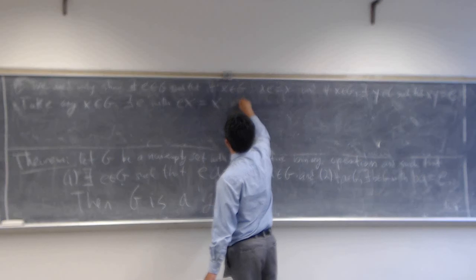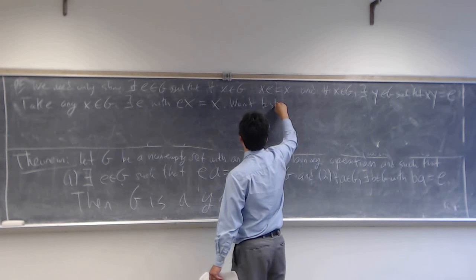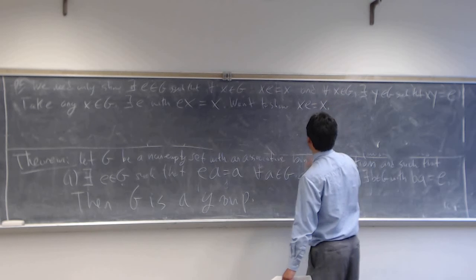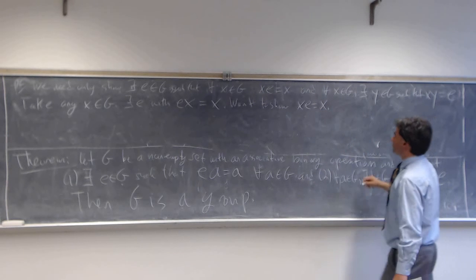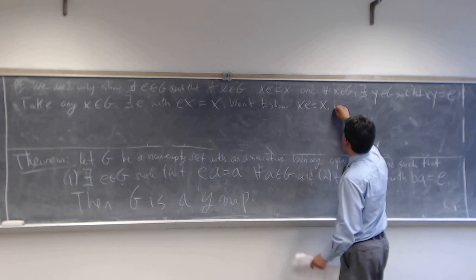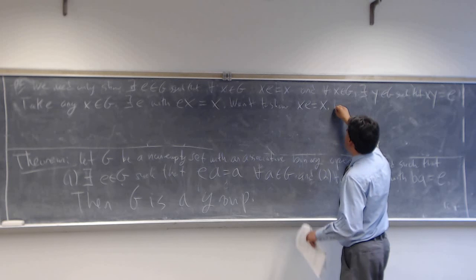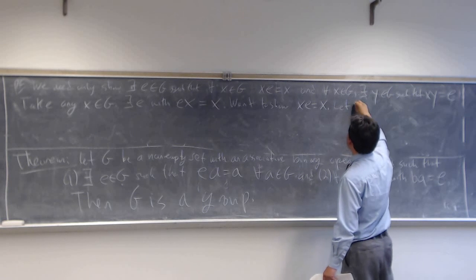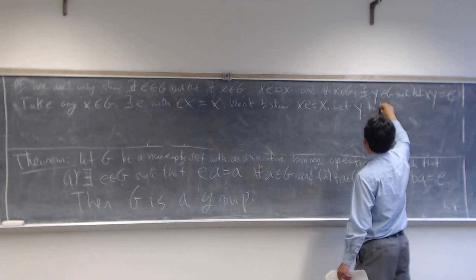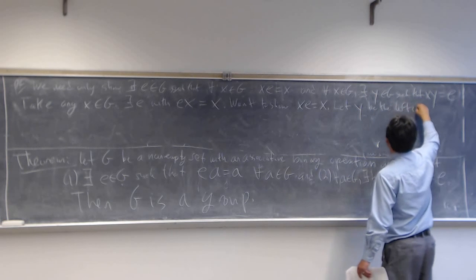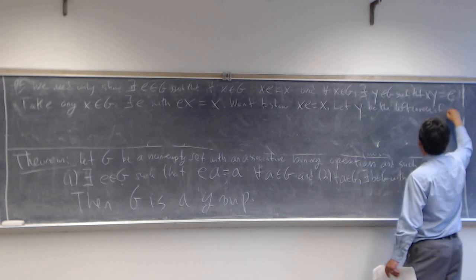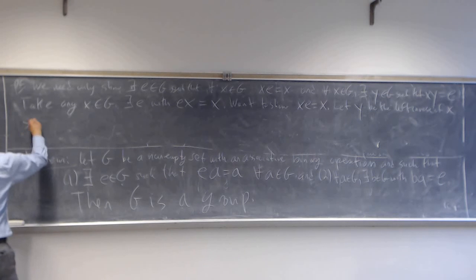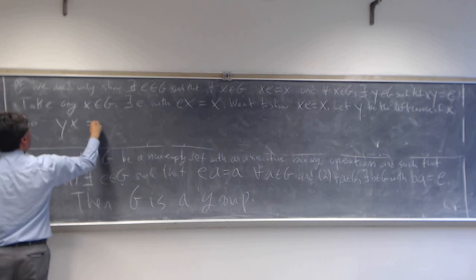We want to show that XE is equal to x. Well, x has an inverse, so let y be the left inverse of x. That's guaranteed by condition 2. So yx equals E.